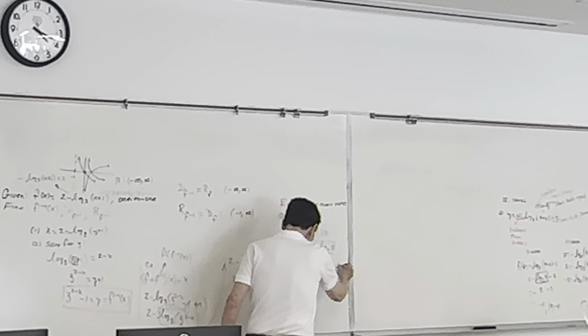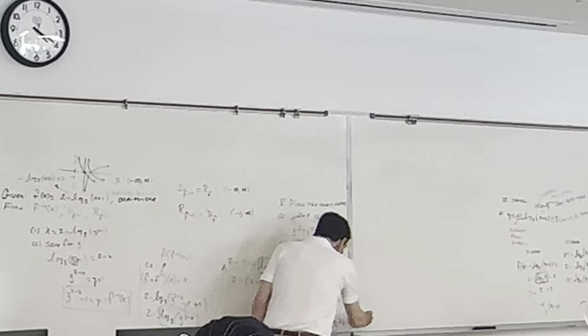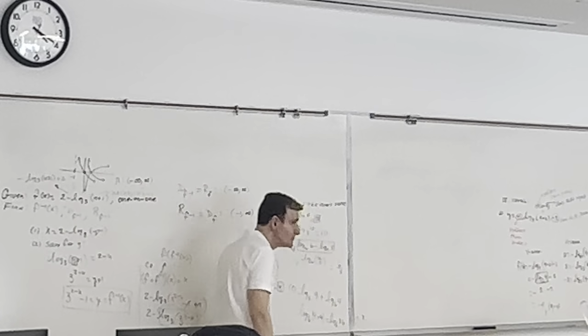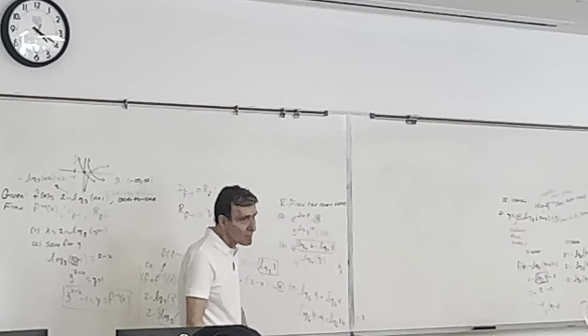I'm adding logs, so it changes back to a product property, and I rewrite this as log base 6 of a product, 9 times 4, which is equivalent to log base 6 of 36. And I heard the answer was merely 2. 6 squared is 36.